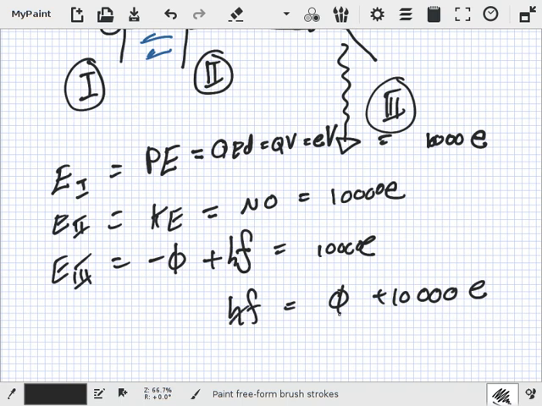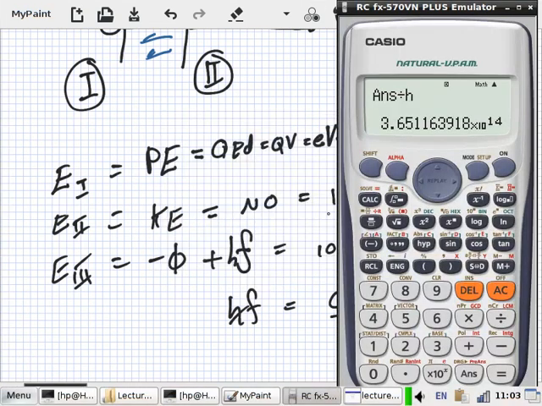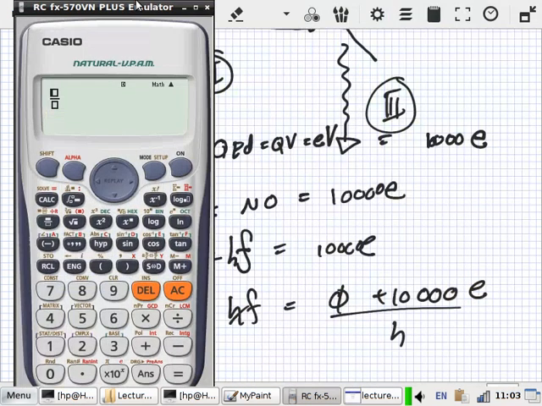So then the F will be that over H, since I am looking for the F. What did I say the work function was? 7.2 times 10 to the minus 19.